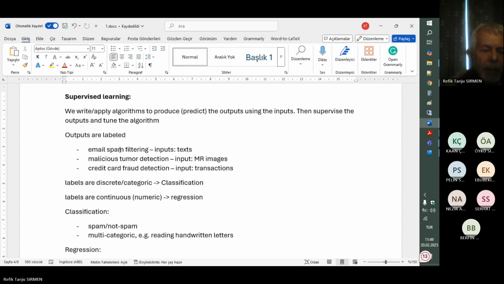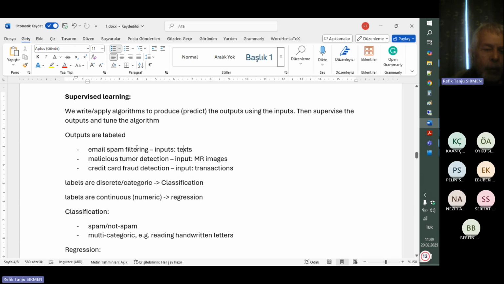Or let's say if it's a medical project, like determining whether this tumor is malicious or not, we know the output in advance. Okay. So what are the inputs? For instance, here, the inputs are the texts, email messages, right?